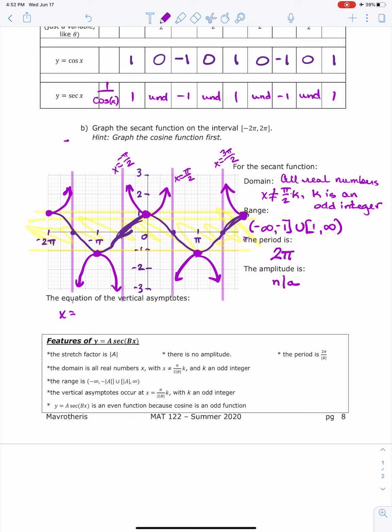So with a translated function, you'll see pi in the numerator over 2 times the absolute value of b, times k with k an odd integer.